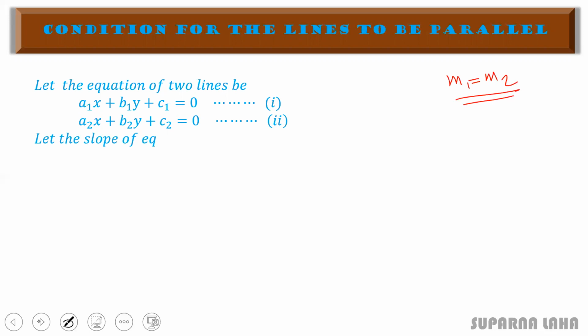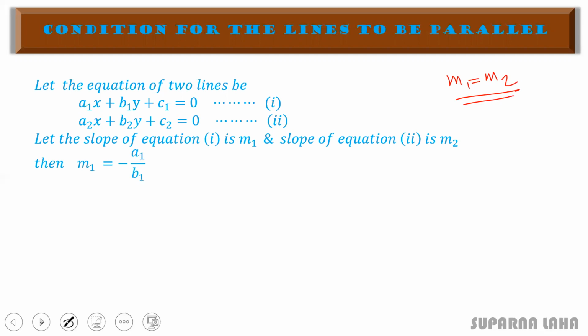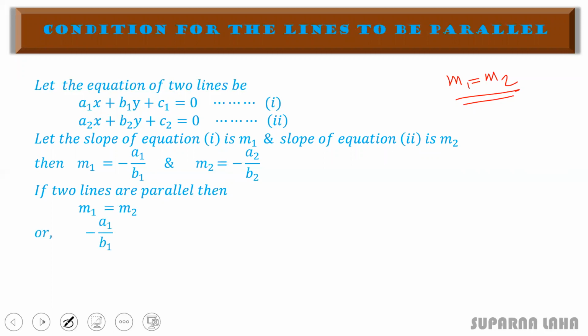So if the slope of the first line is M1 and the slope of the second line is M2, then what is M1? We already found it: M1 is minus A1 by B1 and M2 is minus A2 by B2. So if they are equal, that means A1 by B1 is equal to A2 by B2, right? So write down the condition.